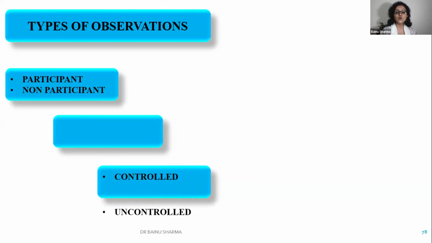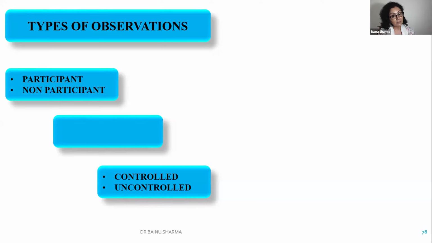Second set is controlled and uncontrolled observation. As the name suggests, in a controlled observation, all the parameters of your research are predefined. Already you have defined your parameters, like you've decided the location of the research. You have also decided the time of the research.